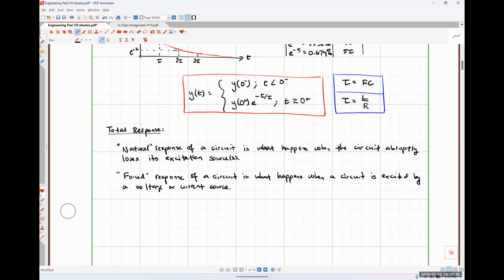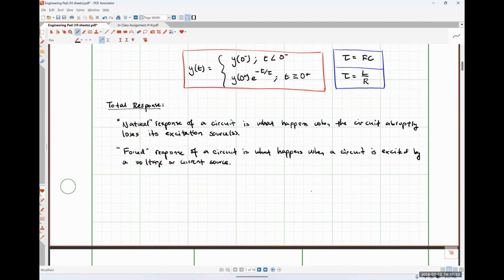So this is the forced response because the presence of an excitation source, like a voltage source or a current source, is forcing the energy storage element to behave in a particular way.